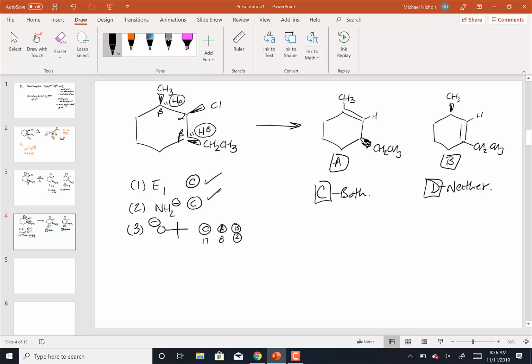The one with the least steric hindrance, which would be HA. So in this case, A would be the major product of the reaction if we look at the steric hindrance around those 2 beta hydrogens. So it'd be easier for the tertiary butoxide to get at a methyl group than it would be to get at the ethyl group.